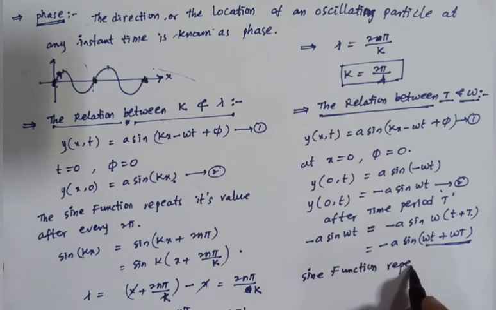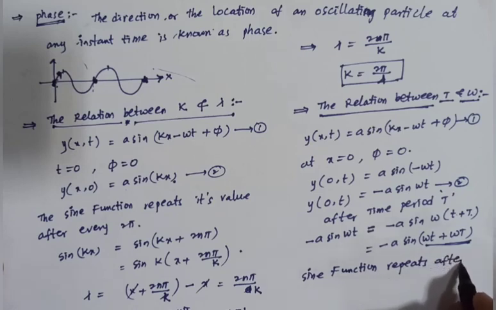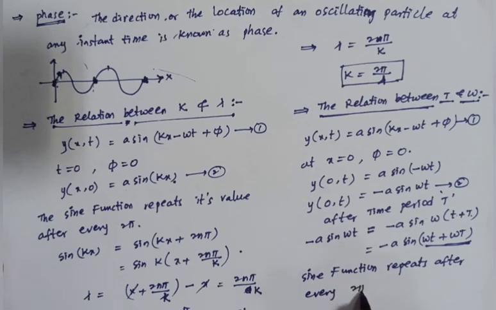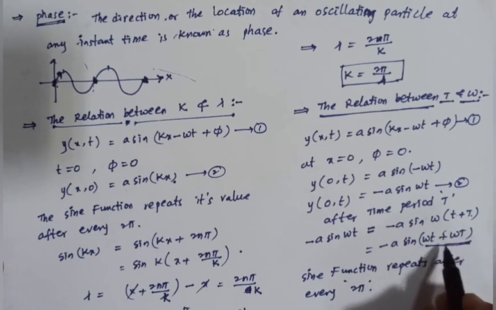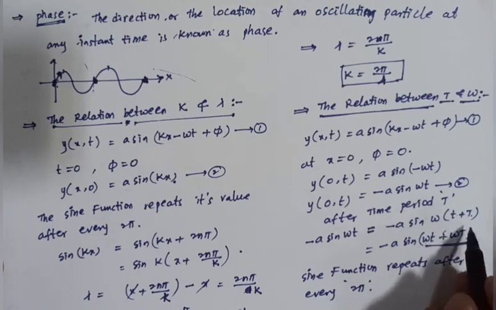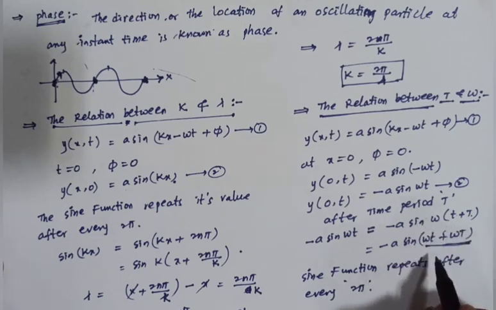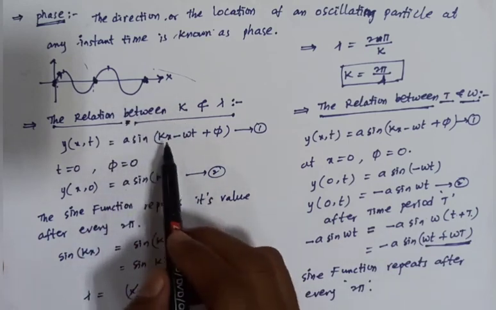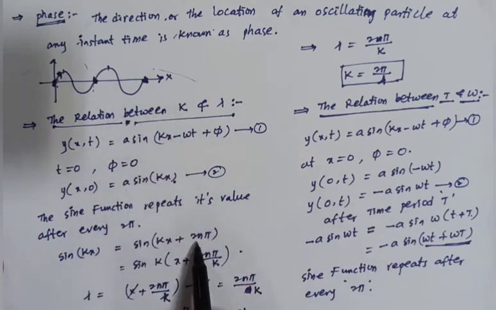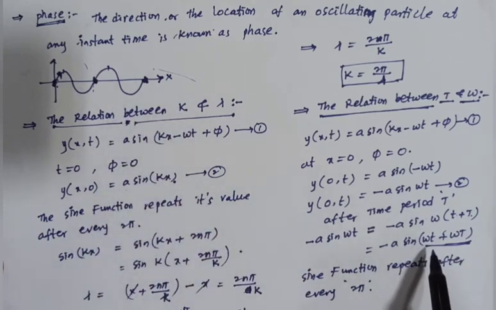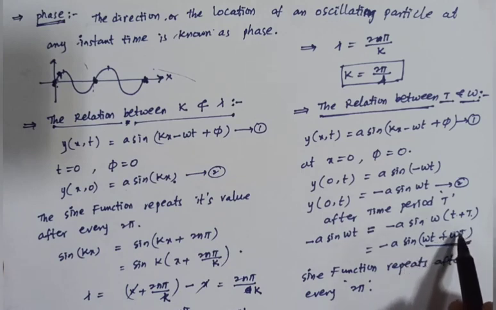The sine function repeats after every 2 pi radians. So omega t plus 2 pi, like the 2n pi we wrote earlier.